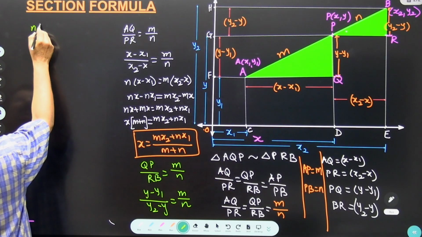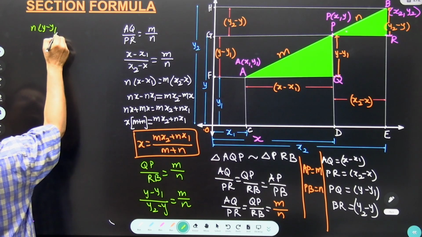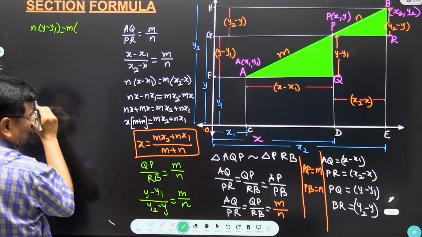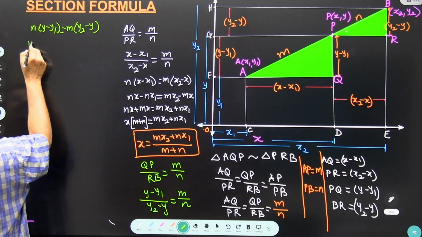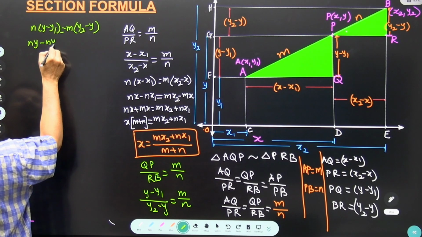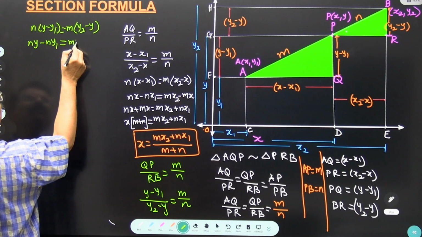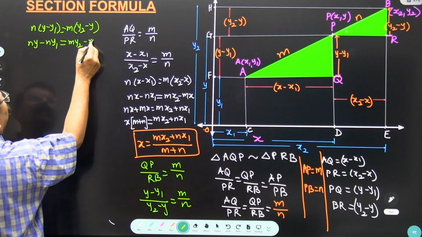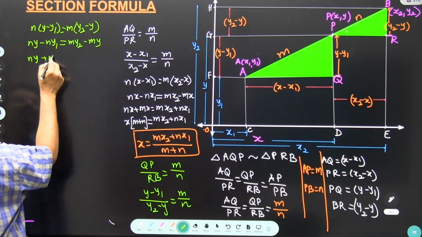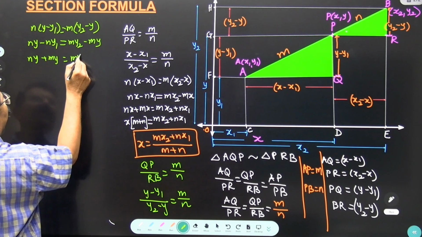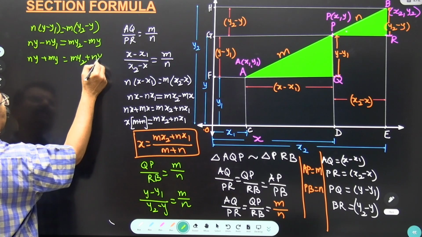This will be N into y minus y1 is equal to M into y2 minus y. So therefore this is ny minus ny1 is equal to my2 minus my. Hence it is ny plus my is equal to my2 plus ny1.